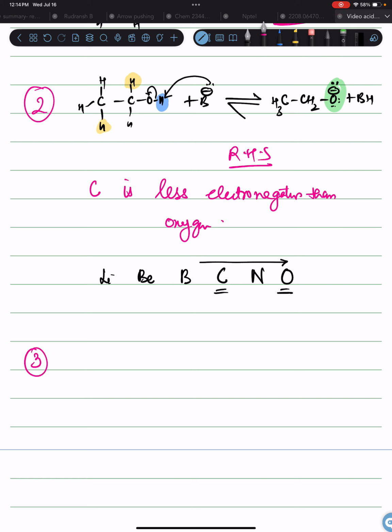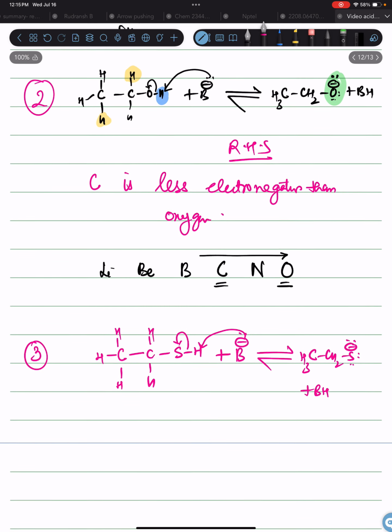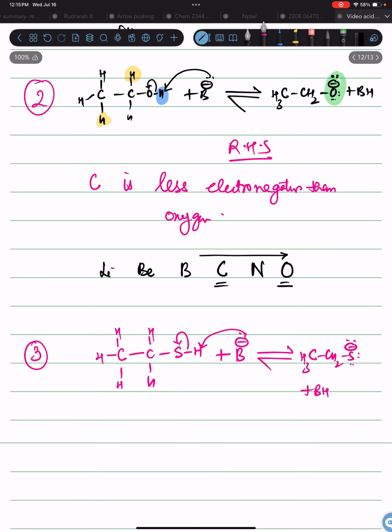Equilibrium 3 would be like if I take a thiol or thioalcohol, you can say, and you have a base which abstracts the proton and generates an anion. Now if you are asked which of the two equilibriums, second and third, would be more towards the right hand side, or in other words, will the ethanol be more acidic or the thioethanol more acidic?